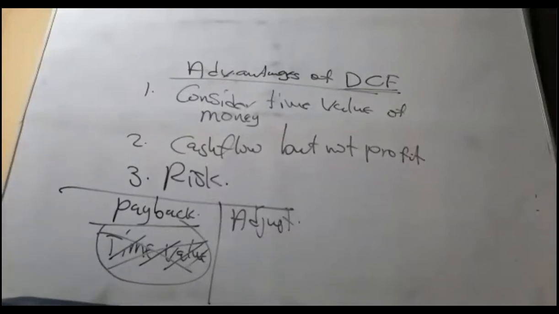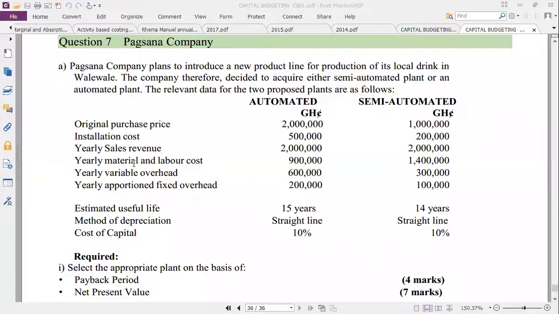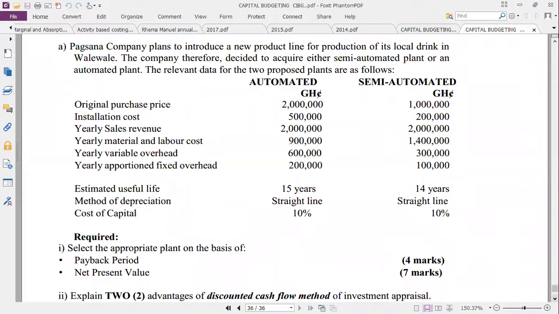Now let's go to our question here. Let's just see the question that we are solving. This is November 2019. So here let's go straight to the requirement. Select the appropriate plans on the basis of payback period. So this is homework number 2. Example 3 is still pending. I'm adding this.